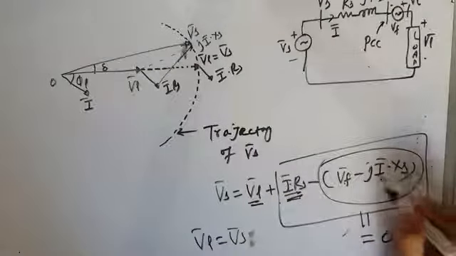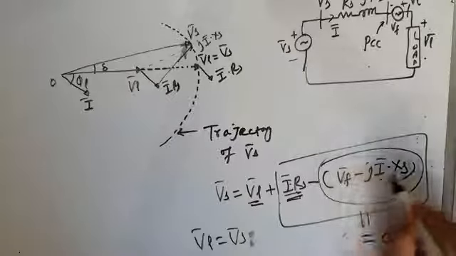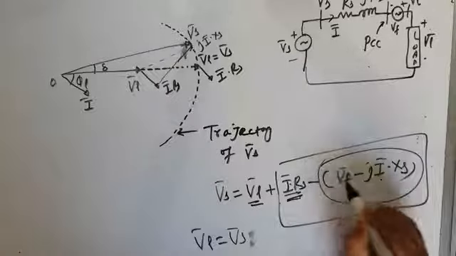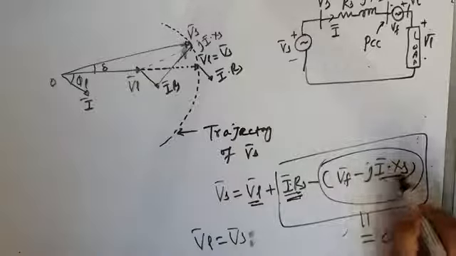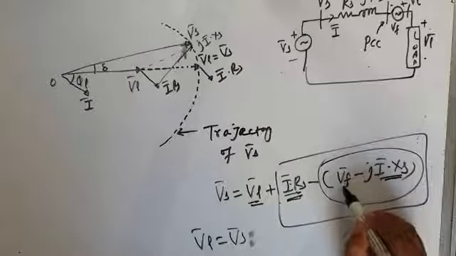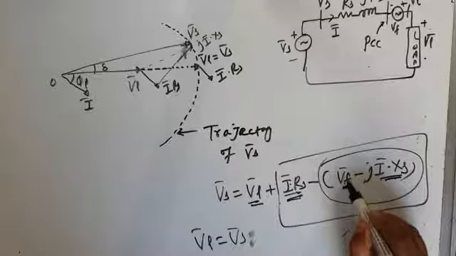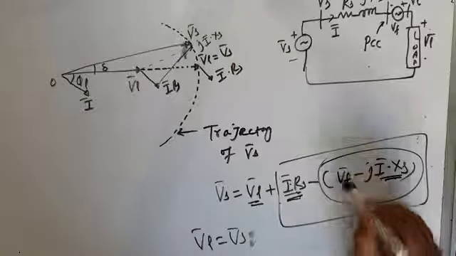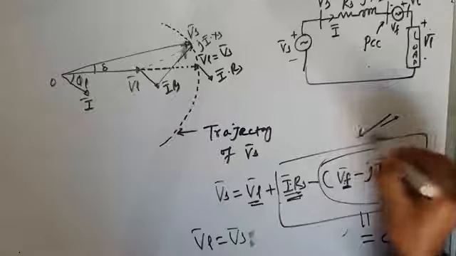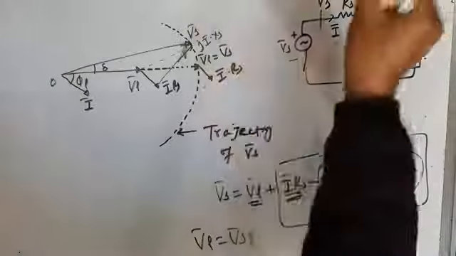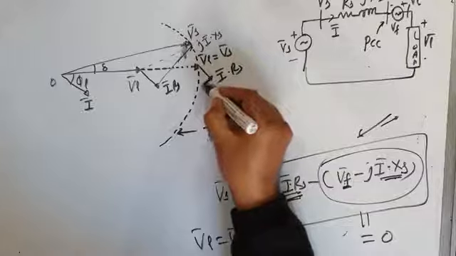But here it is not only I into XS, it is VF minus I into XS. VF is opposite, this injected voltage. If this is the inductive voltage drop, this injected voltage by the DVR will be capacitive in nature. That means if this phasor is going upward, this VF will bring it downward. So instead of going up, it will come down.